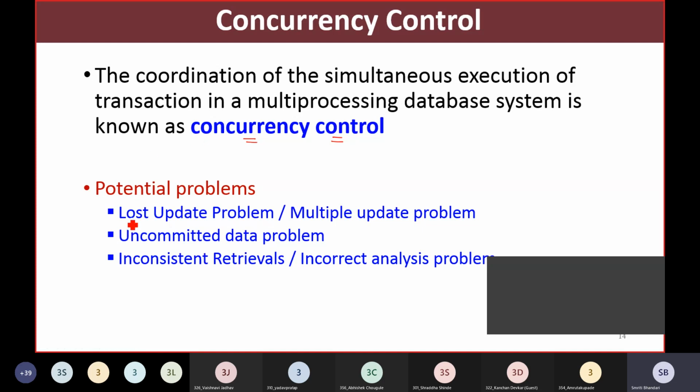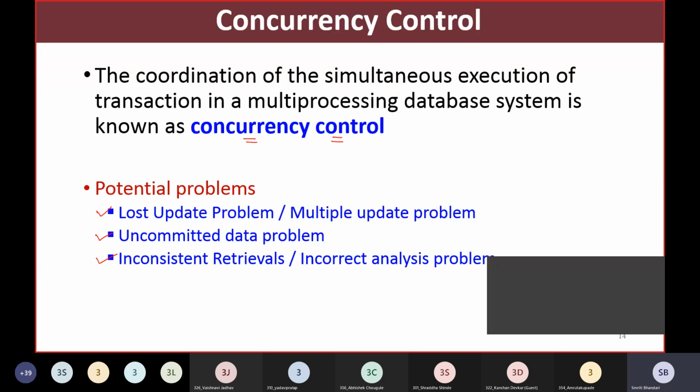These three problems are the lost update problem, also known as the multiple update problem; the second problem that we may face is the uncommitted data problem; and the third problem is the inconsistent retrievals or incorrect analysis problem. If we are allowing the transactions to execute concurrently, then obviously such kinds of problems may occur, and we need to build a mechanism that will solve these problems.